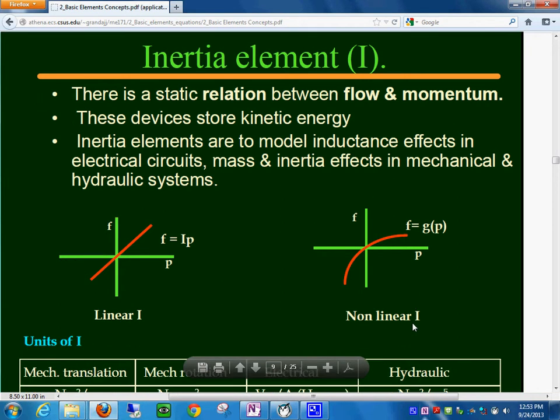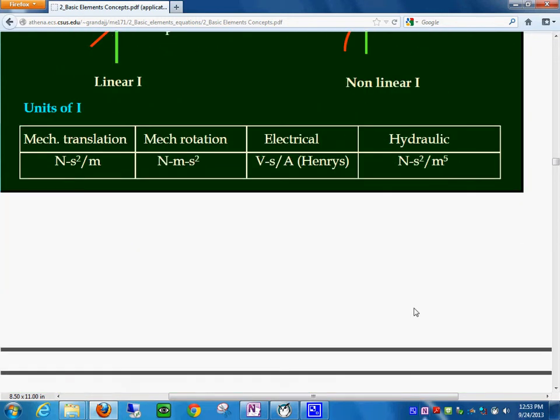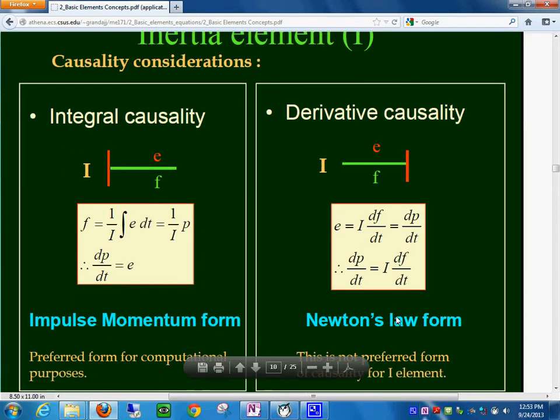The inertia element. In this case, the inertia element has a direct relationship between the momentum and the velocity. See here, inertia element.